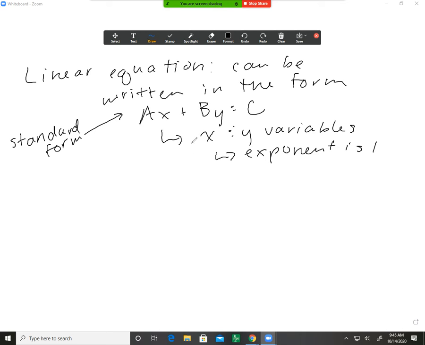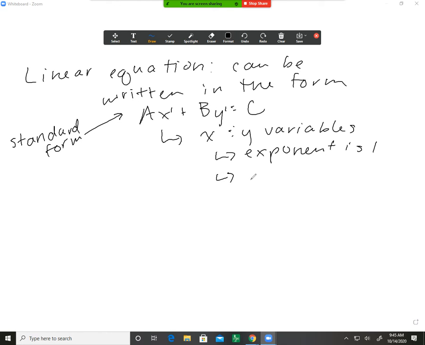When you see an exponent of 1, it's usually not written, but it's there. These are both exponents of 1.